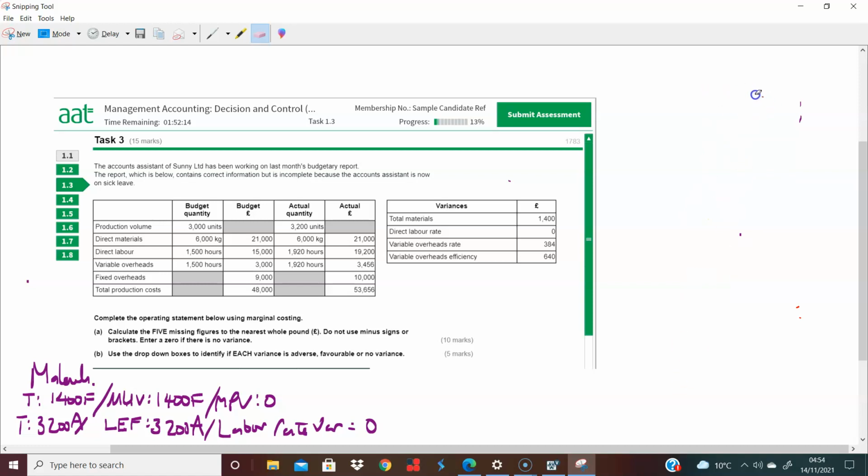Okay, right. So what's going on here? We're going through exactly the same process. In the previous question, we saw that variable overheads mirror their labor counterpart very closely. And what we see here is that you have variable overheads of 1,500. So we are expecting to use variable overheads of 1,500 hours to make 3,000 units.